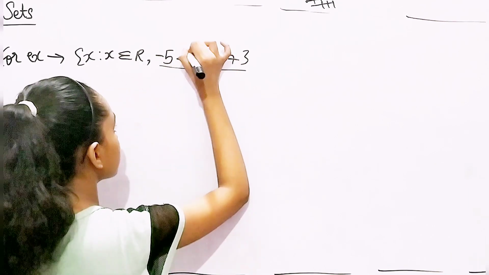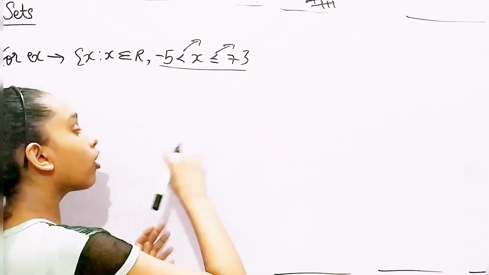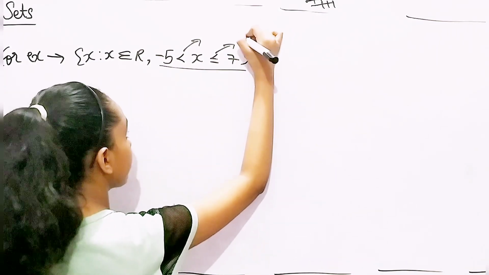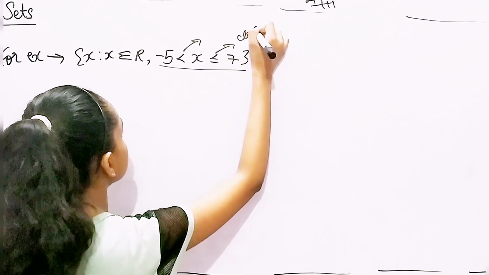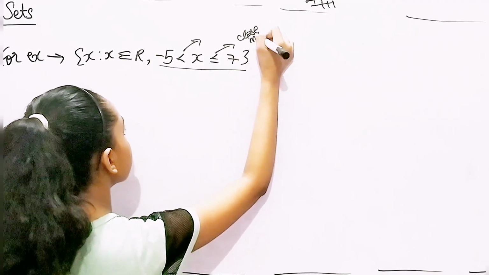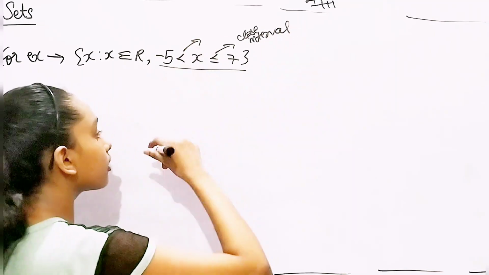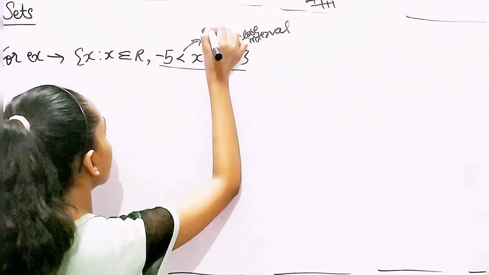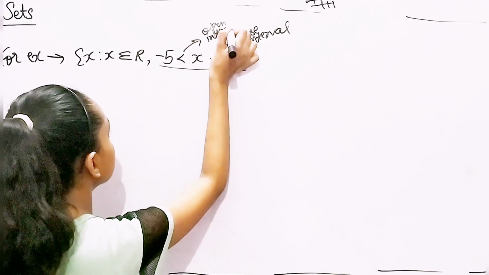I've already told you that if we have smaller or equal, or greater or equal, then it is a closed interval. So this is a half closed interval, and smaller or greater simply means an open interval. Got it?